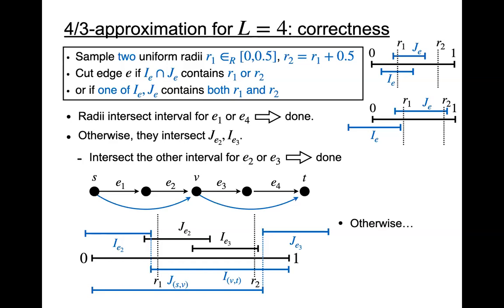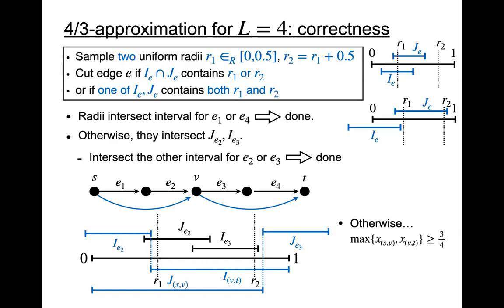So they have an overlap of length at least half, which means that at least one of these two intervals has length at least 3/4, and so at least one of the two LP values corresponding to these blue edges must be at least 3/4.